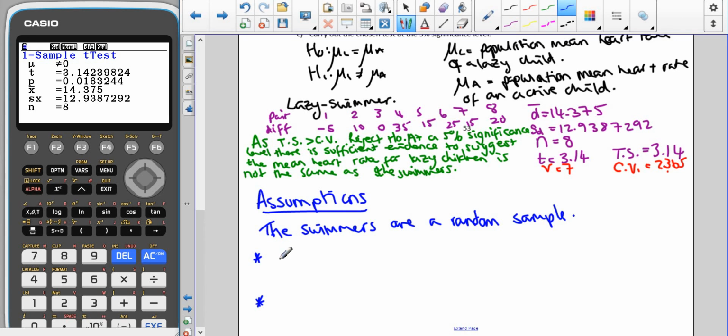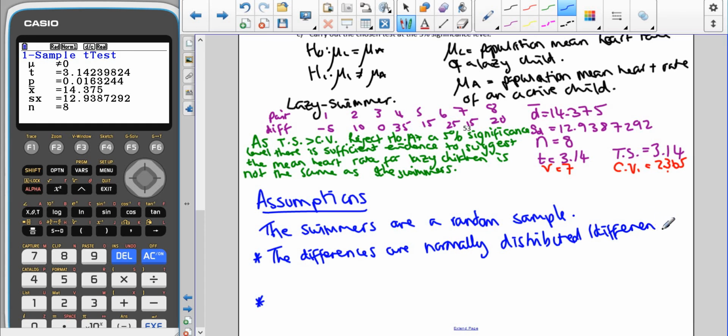So option 1 is that the differences are normally distributed. And by differences, we're meaning the differences between the lazy and swimmer heart rates.